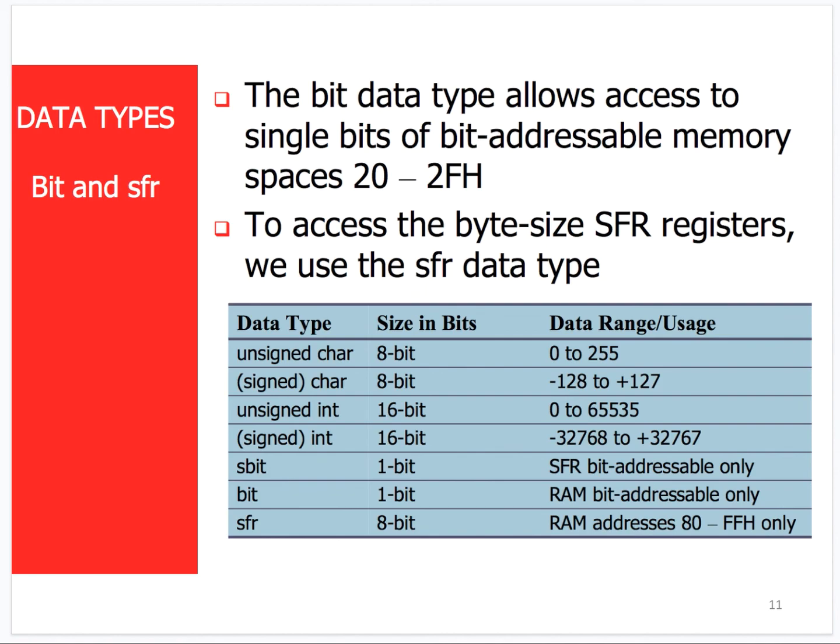Sbit is only 1 bit in size, and is SFR bit addressable only. Bit is also 1 bit in size, and is RAM bit addressable only. SFR is 8 bits in size, and has RAM addresses of hexadecimal numbers 80 up to FFH only, bit addressable only.